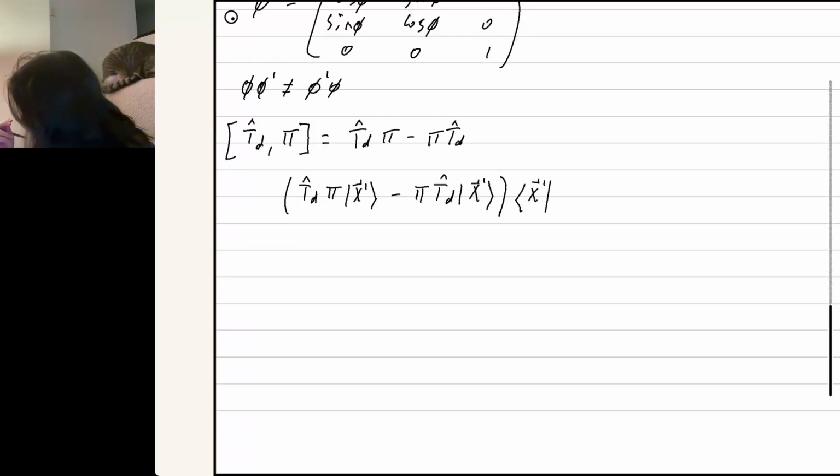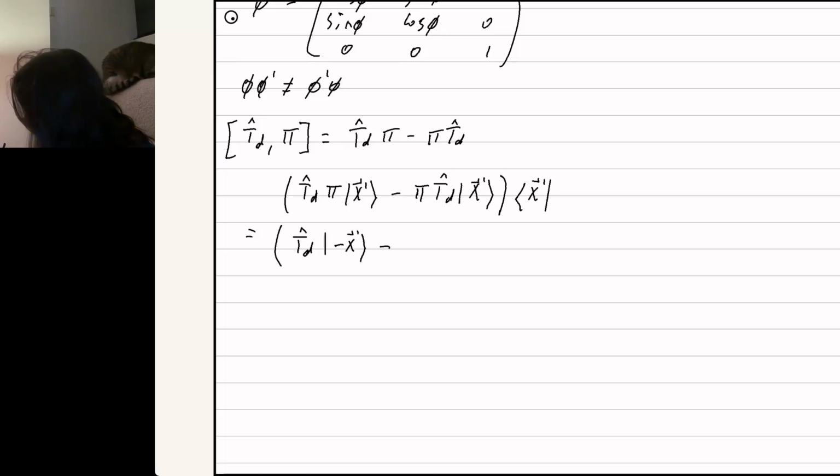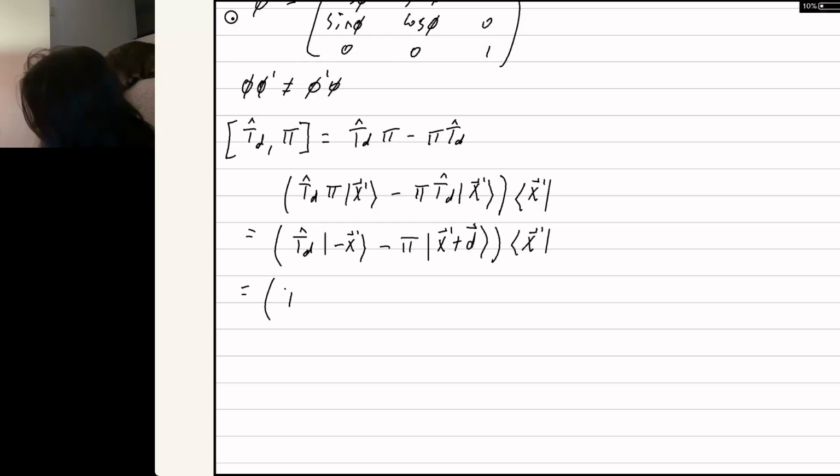All right, on the left term, the parity operator is going to actually change the sign of the state vector, and then on the right term, you're going to end up just adding to the state vector a displacement vector D. Going again, same thing as before.